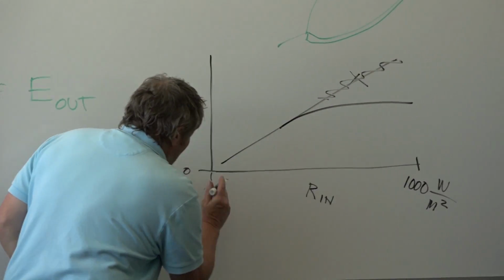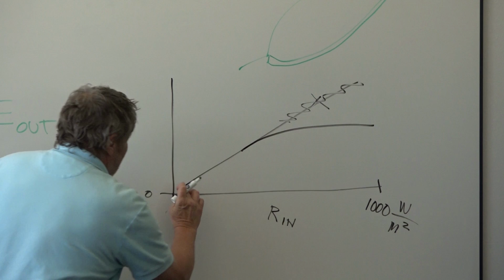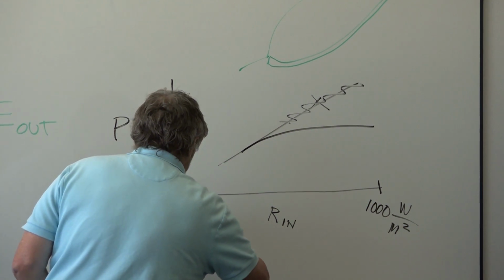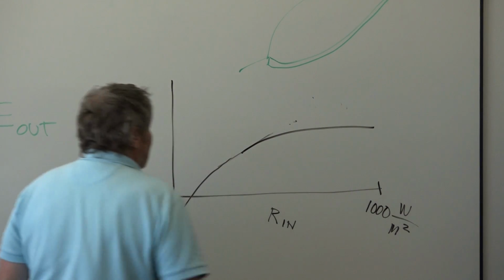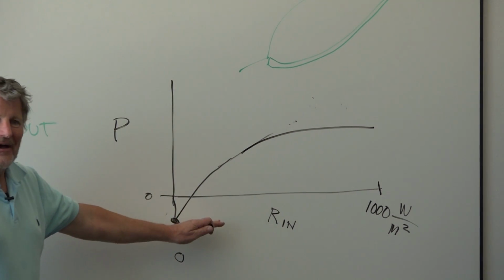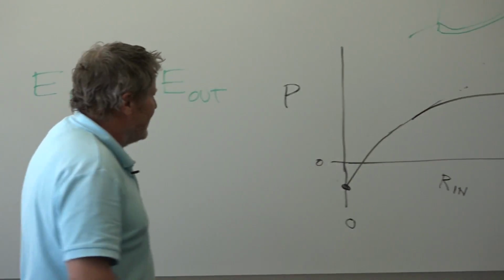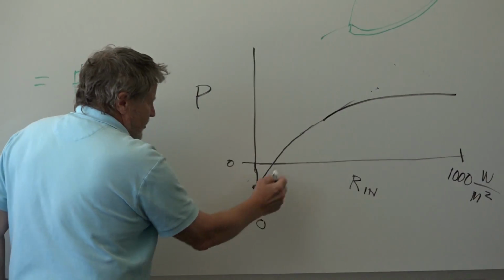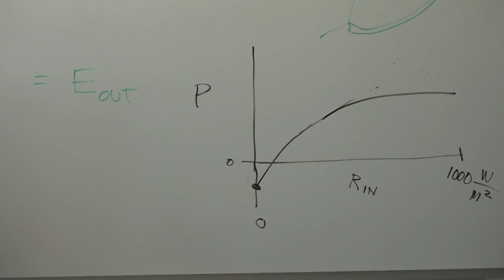It has to go somewhere down here. This line has to curve like that. Now, that line is correct at Plant Science 501. We've got this dynamic down here at 0, and we've got the flat line as a general shape of this line.